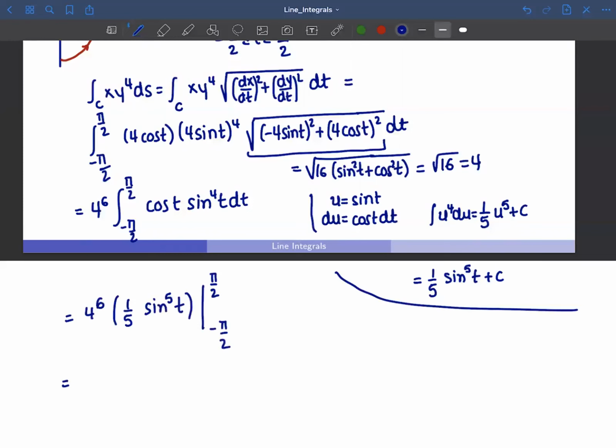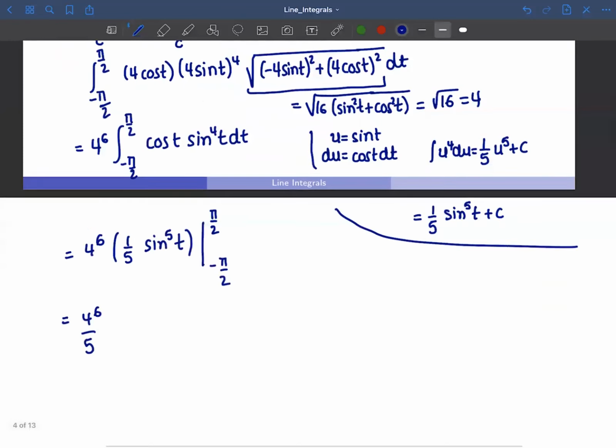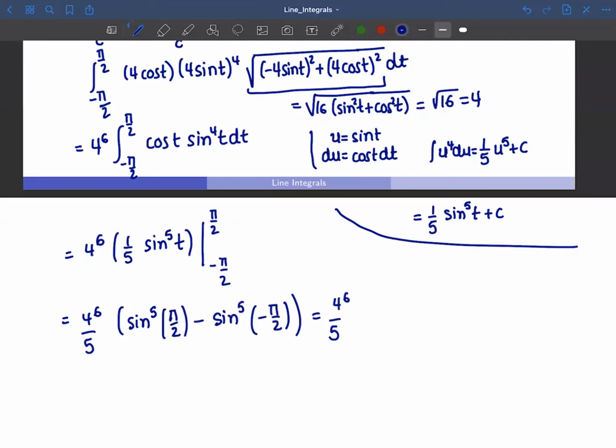So that is equal to 4 to the sixth divided by 5. And then for t equals pi over 2, we have sine to the fifth of pi over 2 minus sine to the fifth of negative pi over 2. So that is equal to 4 to the sixth divided by 5.